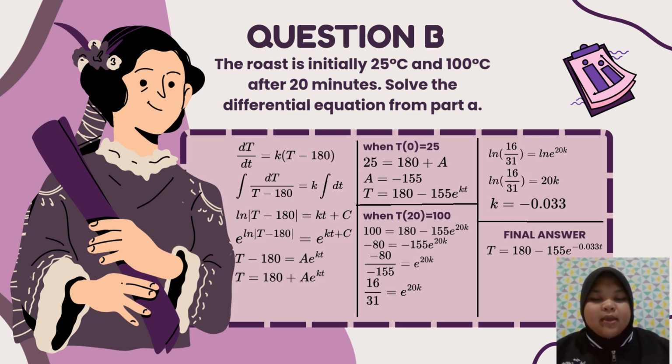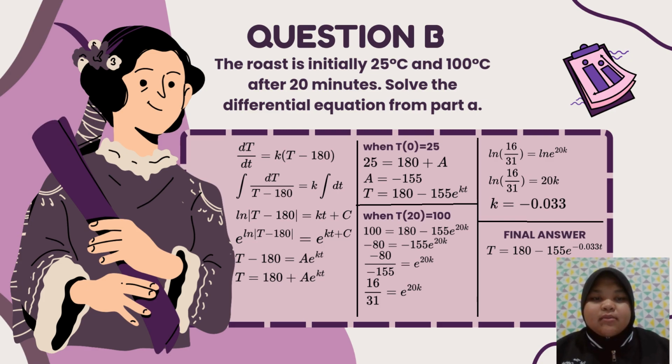From part A, we already know that Newton's law of heating can be written as the differential equation dT over dt equals K times T minus 180.